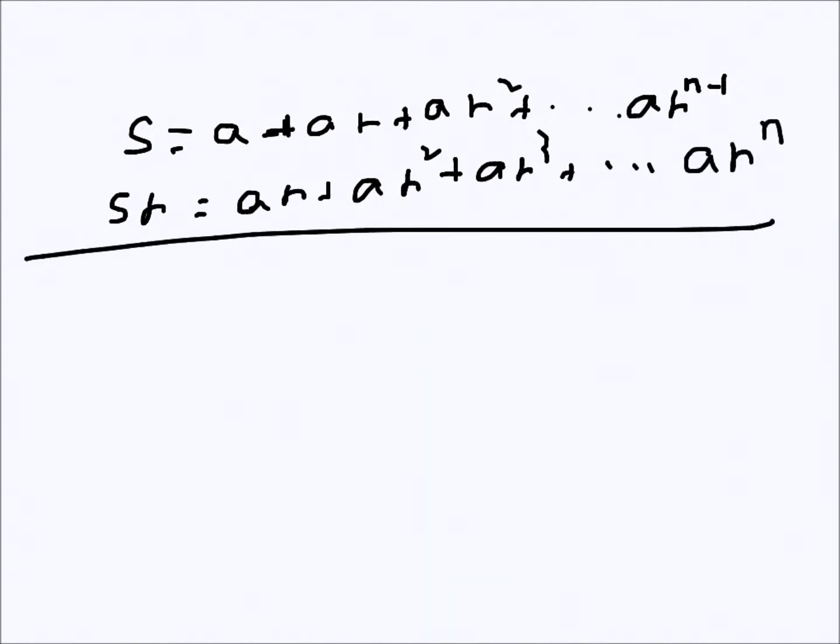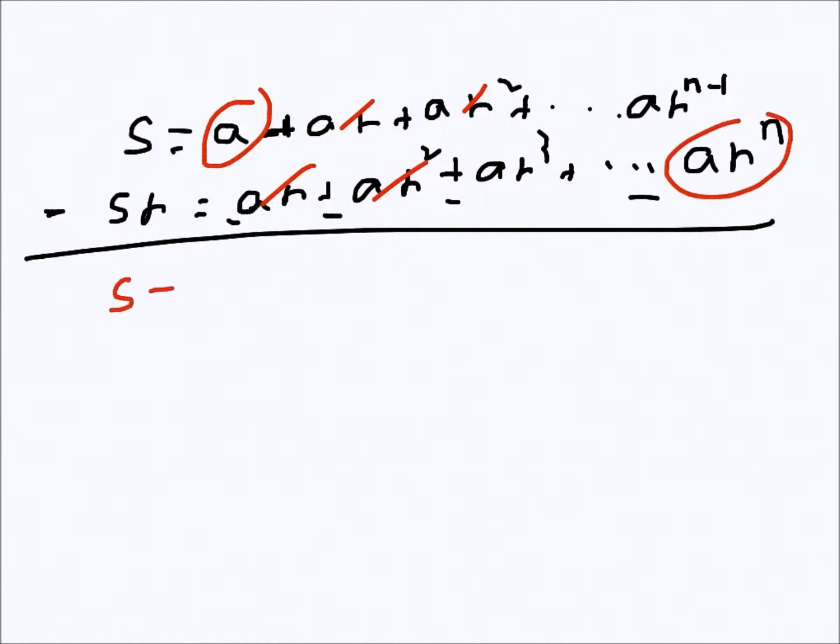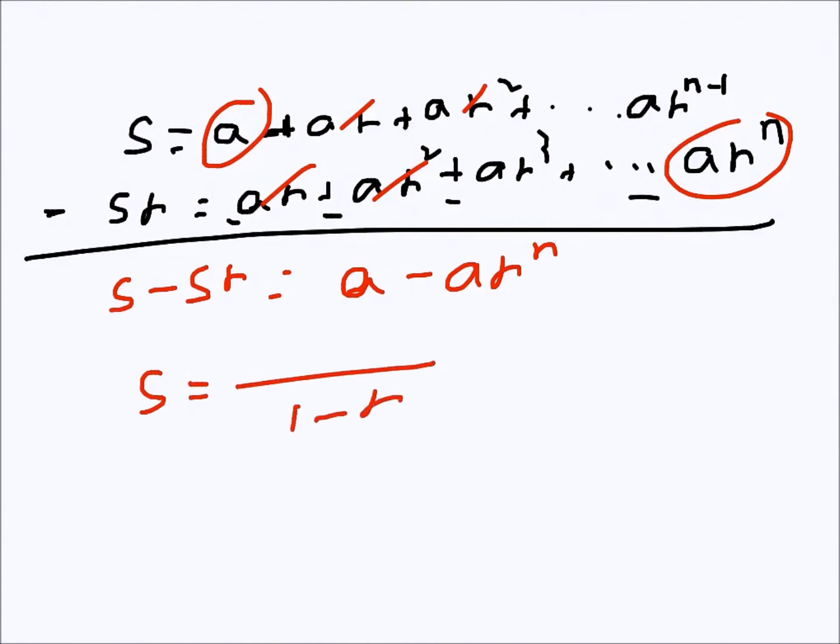Now if we subtract this from that, everything will cancel, only this one minus this one will remain on that side. So the sum is a(1 minus r to the power n) over 1 minus r.